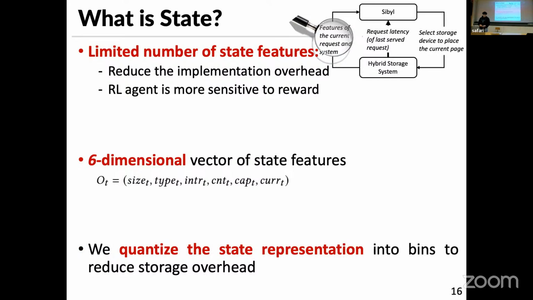And also, to reduce storage overhead again, we're quantizing the state representation. The values are going to be levels of magnitudes and not actual floating point values.